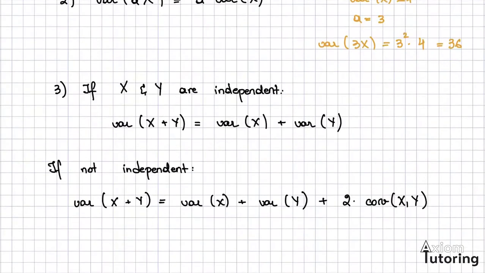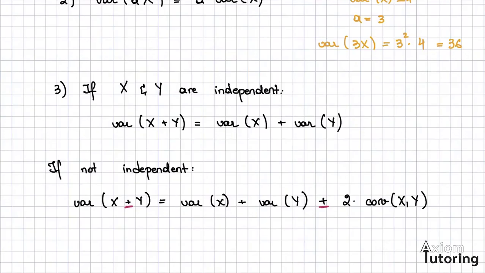Before we move to the next point and to the conclusion of this video, I would also like to bring to your attention one little element. If instead I have the variance of x minus y, the only element where you will see a change in the sign is actually only before the covariance operator.